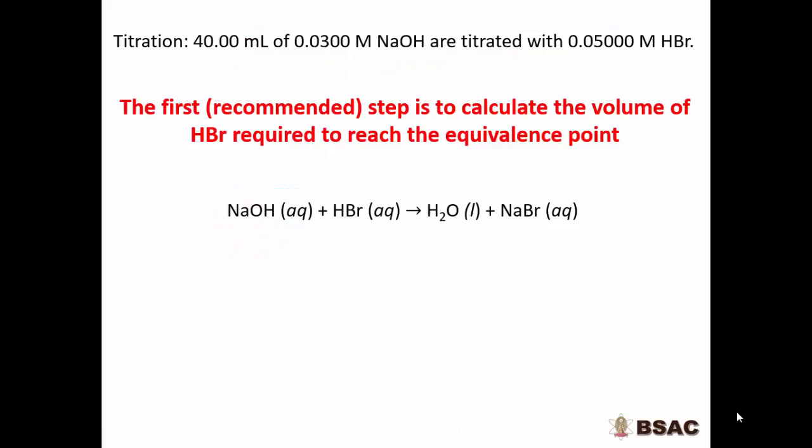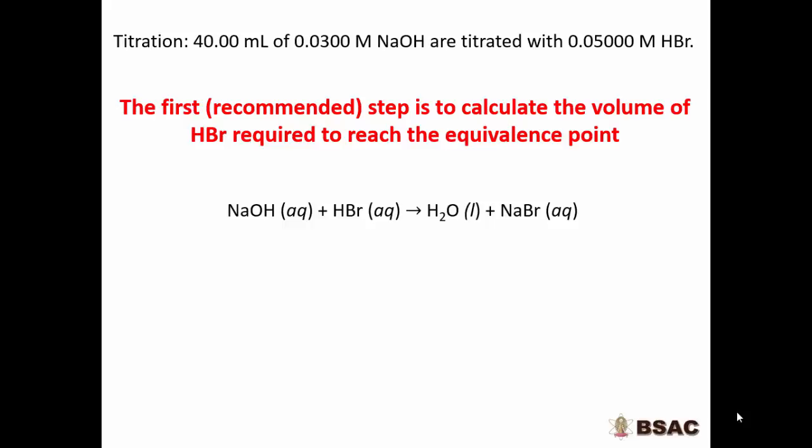The first calculation you should do whenever you are doing calculations for a titration curve is to calculate the volume of the titrant, which here is HBr, which is required to reach the equivalence point.